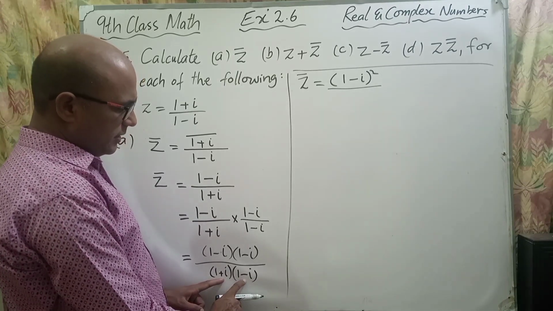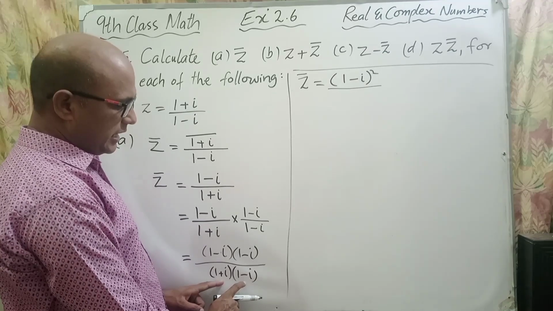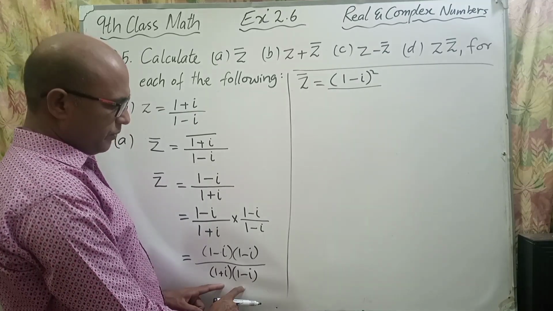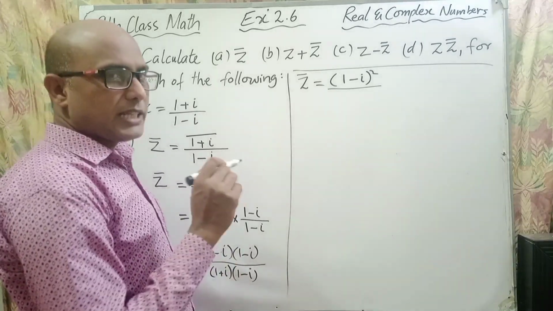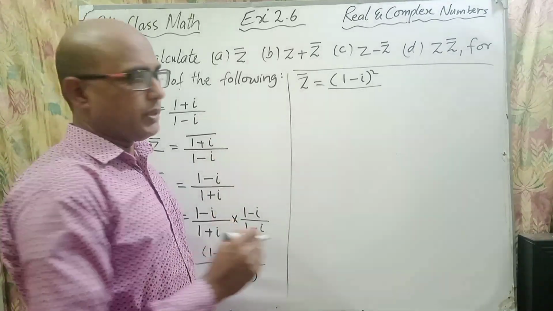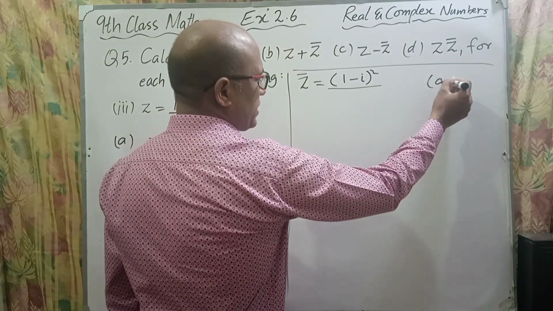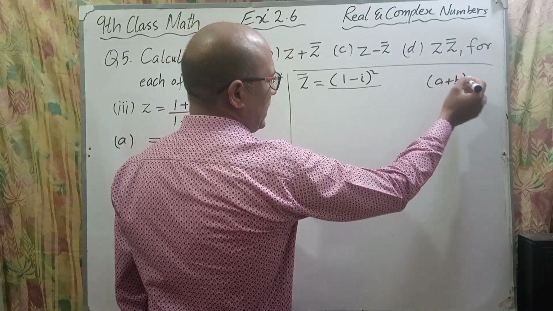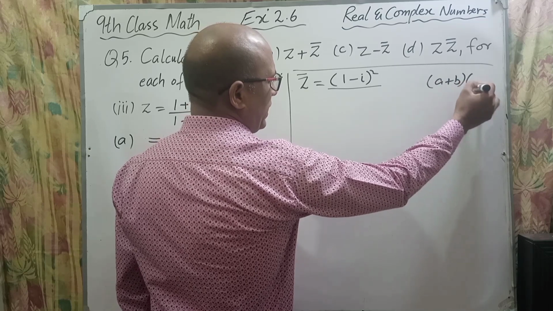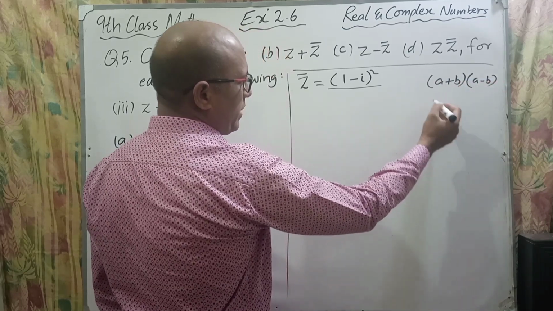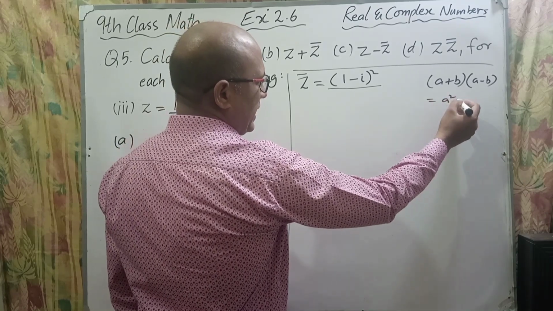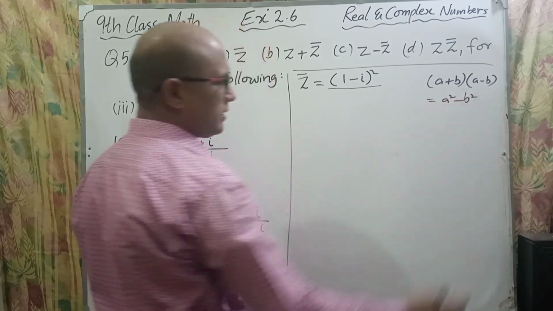So students, we will apply a different formula here. You know the formula a plus b into a minus b. I will write for you a plus b into a minus b is equal to a square minus b square.